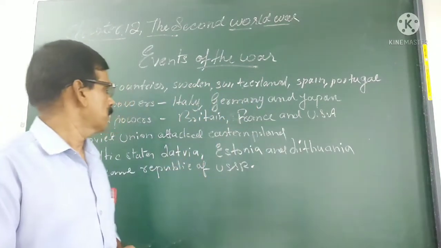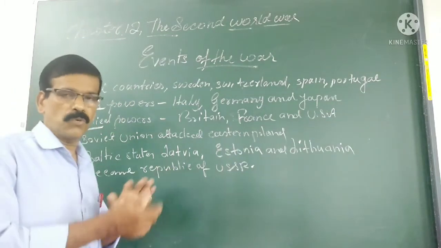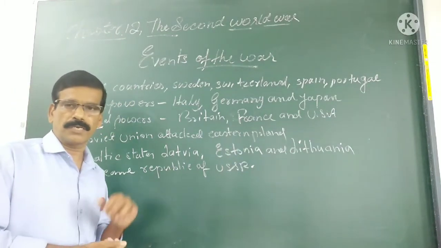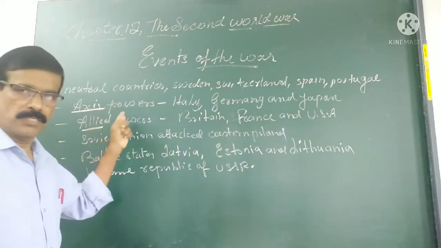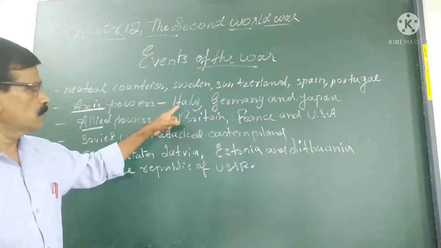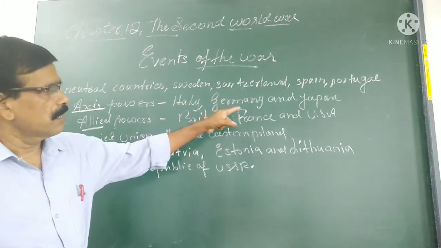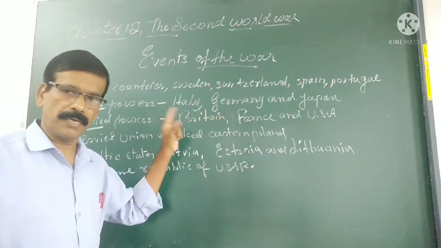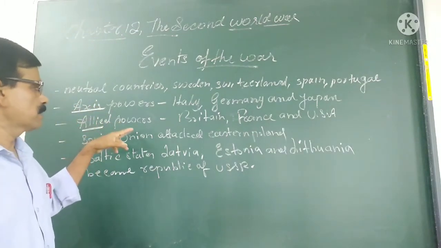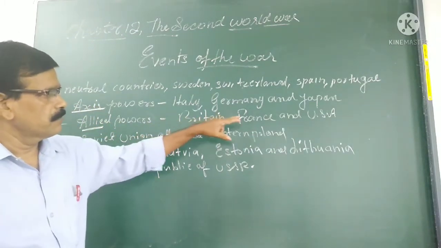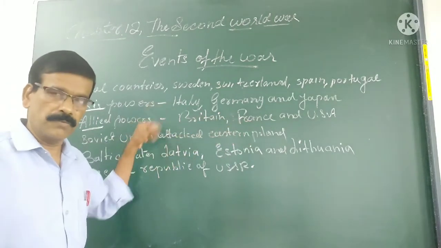There were also alliances formed in the Second World War. The alliance of Axis powers included Italy, Germany, and Japan. The Allied powers included Britain, France, and USA. So these are the names you have to learn.